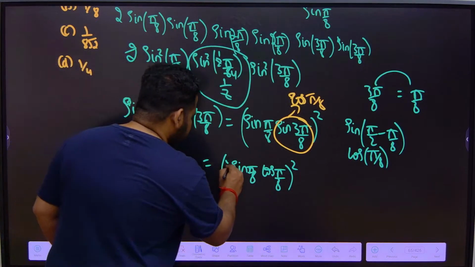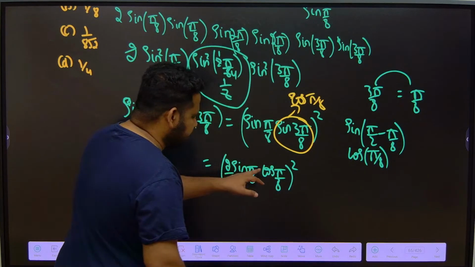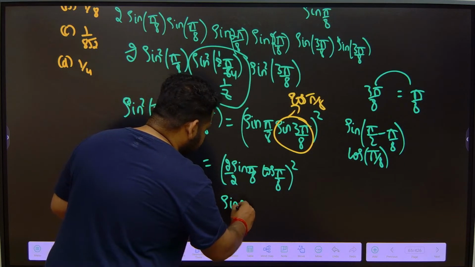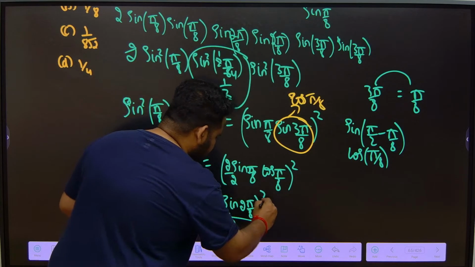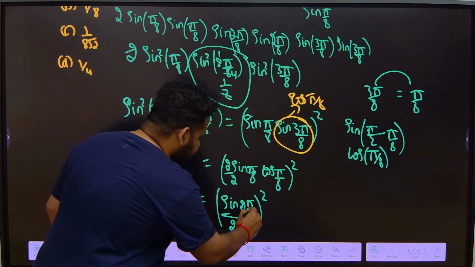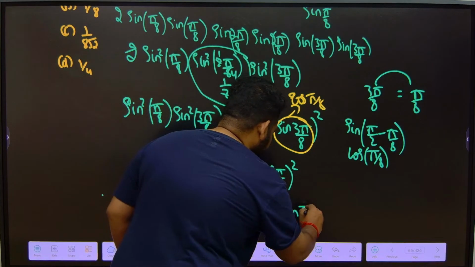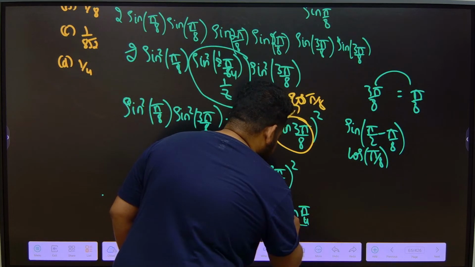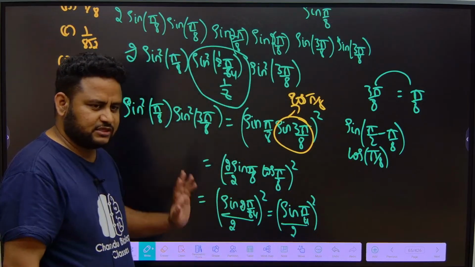So 2 sin θ cos θ is nothing but sin 2θ. So I can write this as (sin(2 times π/8) divided by 2) whole square. 2 ones are 2, 4 twos are... so (sin π/4 by 2) whole square. Now what I can do is put the square inside.